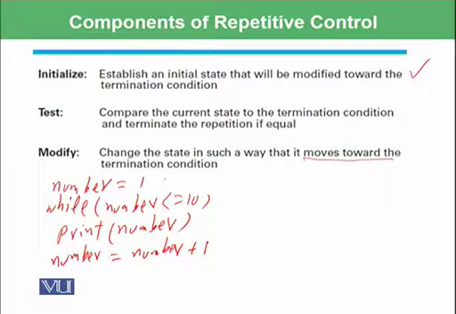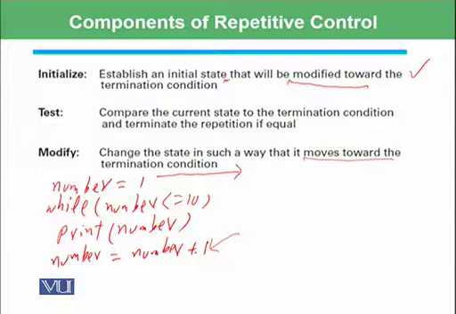So basically the first one is the initialization. We have initialized, establishing an initial state that will be modified. So this needs to be modified. So we are modifying this at the last statement toward the termination condition.